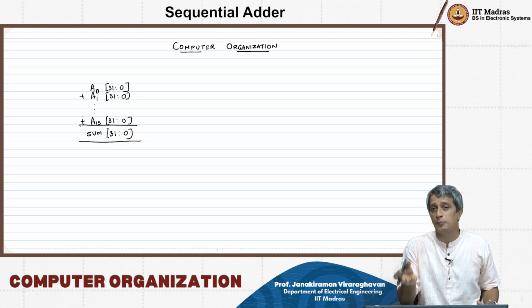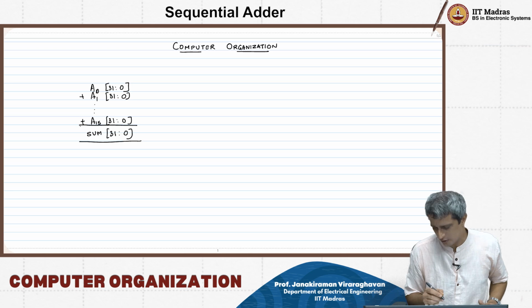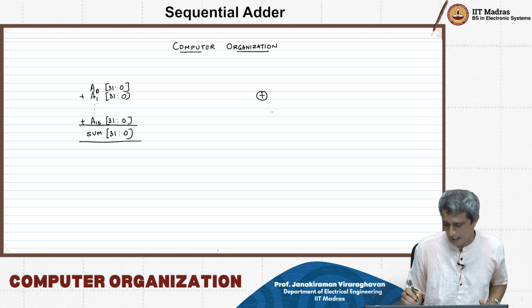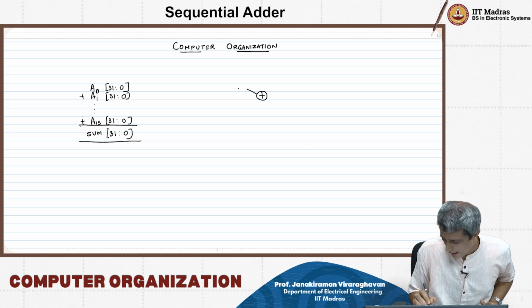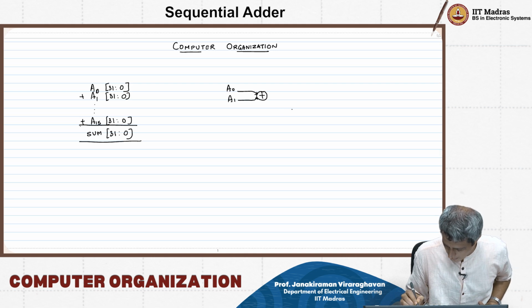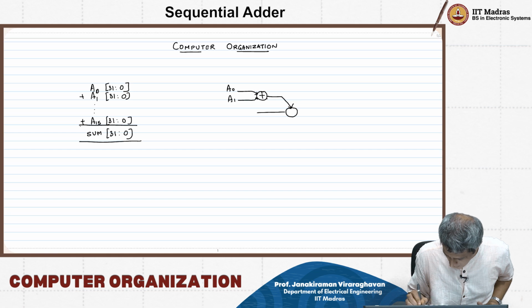Now this can be done in a very obvious way by throwing in sufficient full adders, right, or sufficient ripple adders, 32-bit adders, multi-bit adders. Okay. So let us assume that this circle here is an adder, and I am going to feed A0, A1, and then I take the output of that adder and feed it to the next adder, so I'll get A2 here.